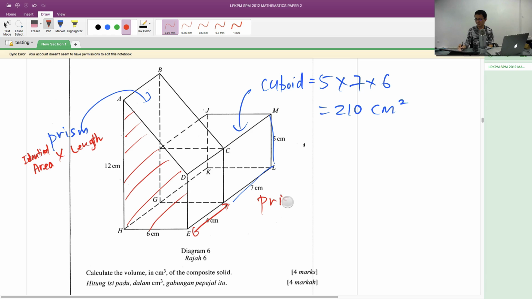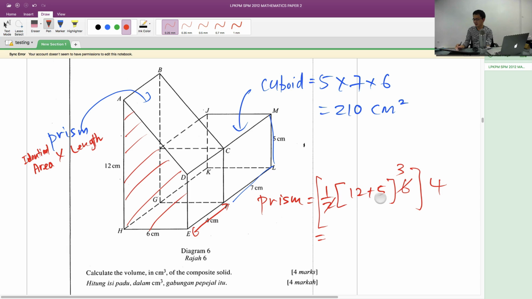So I will write here, prism. The trapezium area is half multiply (A plus B), 12 plus 5, and then multiply the height. The height actually is 6. And then the whole thing, multiply the length, 4. Okay, this is how we find the prism. Alright, so I will simplify, I will get 3.